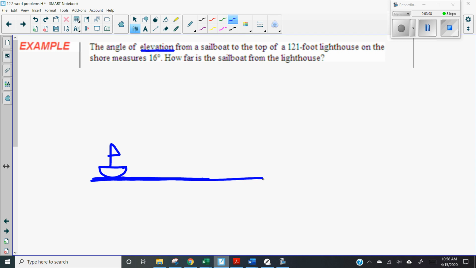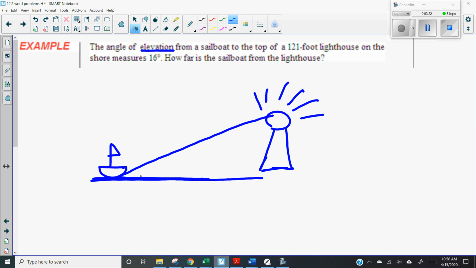The angle of elevation, so we're going from the horizontal up to a 121-foot lighthouse. So here's our lighthouse over here. We're going from the ground up. Okay, this angle right here is 16 degrees. And then they tell us that the lighthouse is 121 feet tall.